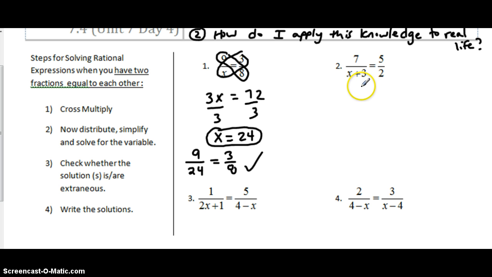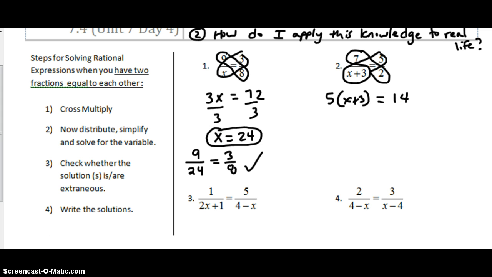For number 2, we're going to cross multiply. So we have 5 times x plus 3 equal to 7 times 2. Go ahead and simplify that.